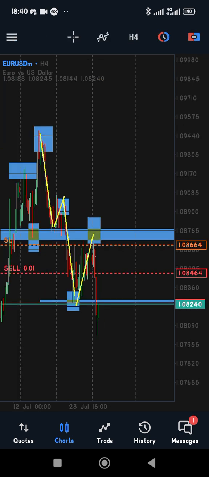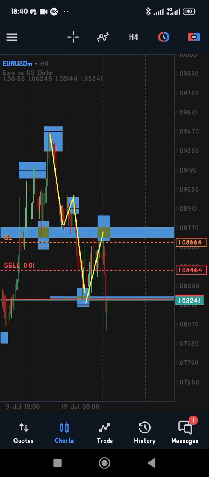So the market is now in a downward trend, this Euro USD. So when I see the market is forming this higher high, this one is lower high, this another lower low, this lower low, yeah, lower high.